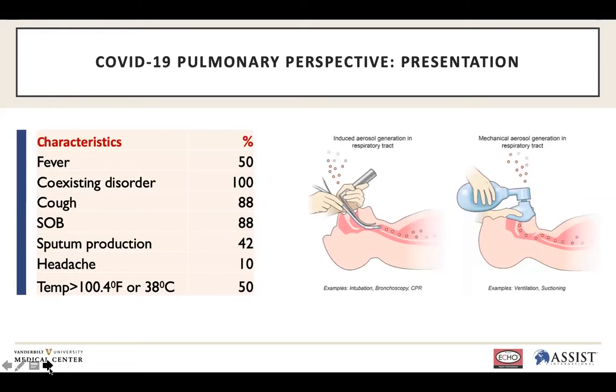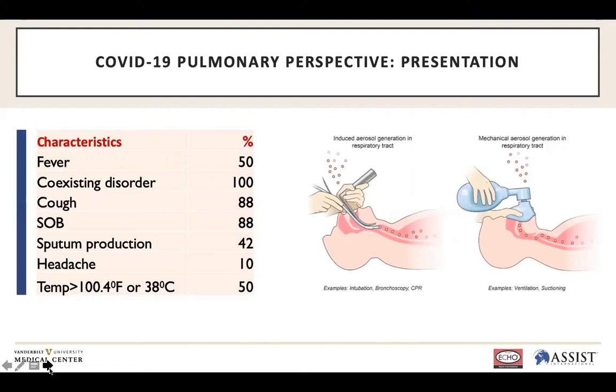We're talking about fever, cough, shortness of breath. Sputum production is not in everybody, headaches, or high temperatures. But what's a common denominator is that the vast majority of people who end up in the hospital have coexisting disorders. And we'll go over them in a minute.